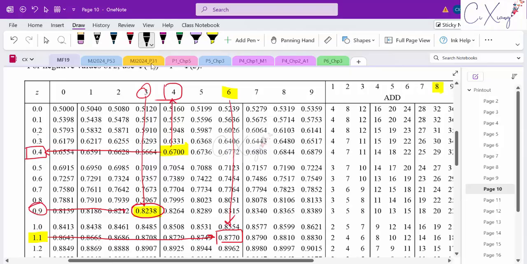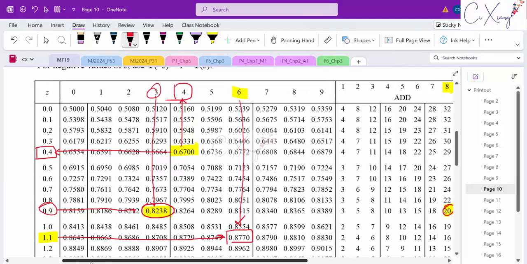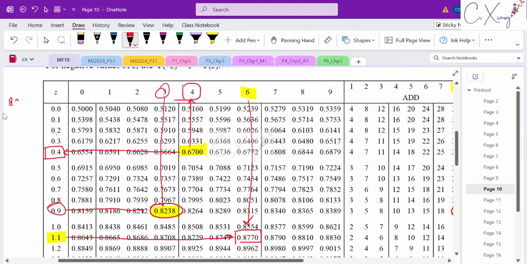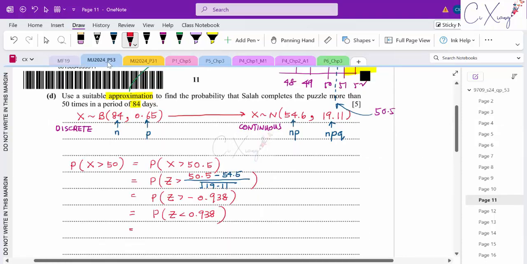Looking for 8, you have the value 20. That means you should add the 20 to the last 2 digits in your original value. So 8238 plus 20, you have 8258. So this is 0.8258. Then again, I want to correct it into a 3 significant figure answer, so it will be 0.826.